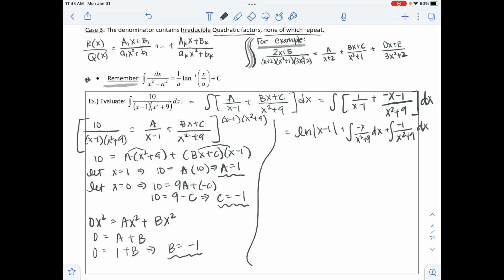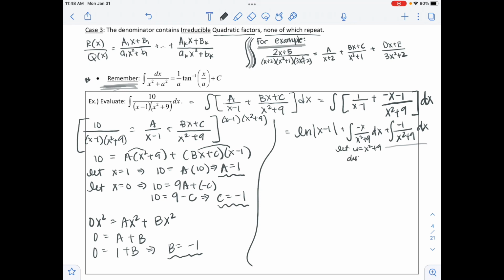And I noticed that, and I'll underline it, the last integral that we have, I'd be able to use that formula that we talked about right up above where it says remember, in expressing it as tangent inverse. And so we'll do that. And then that middle integral that we have, I do need to use u substitution on this one. So I'm going to let u equal x squared plus 9.